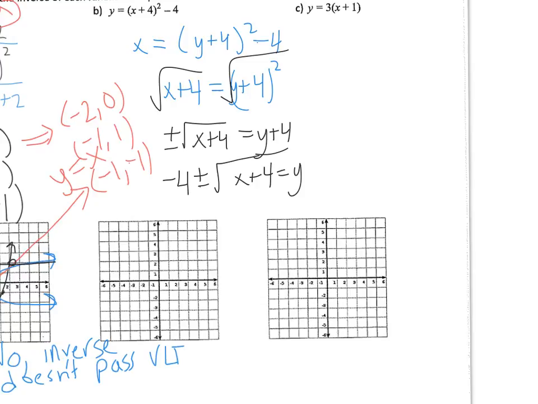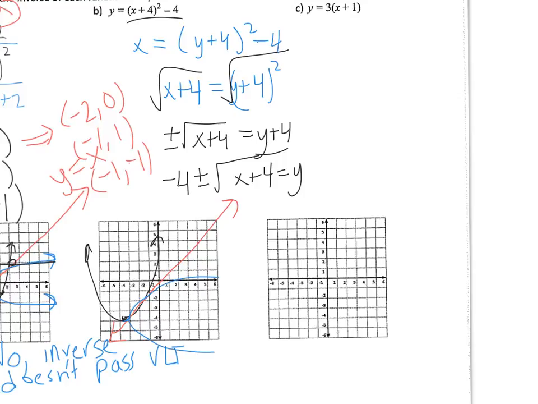The original function I'm going to graph in black again. This is in vertex form. It's going to start left 4, down 4, and open up. You could be more precise, but I don't have time for this. Then think about your equation y equals x, and you're going to reflect it over.